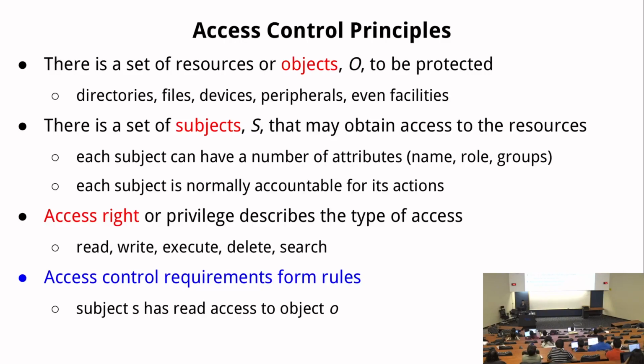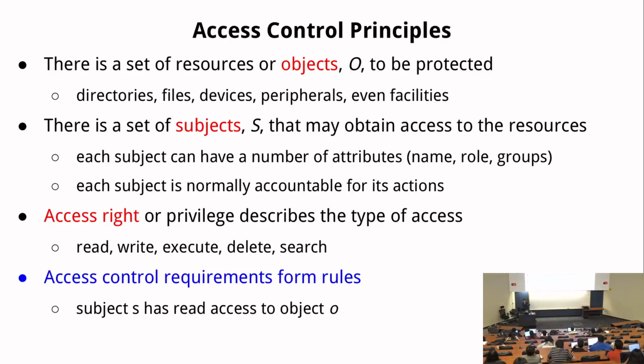Okay. So let's go back to the operating system example. So what are the subjects? Most people say the user will be the subject. But actually from the operating system point of view, the subjects are mainly the process. But each process is associated with a user.